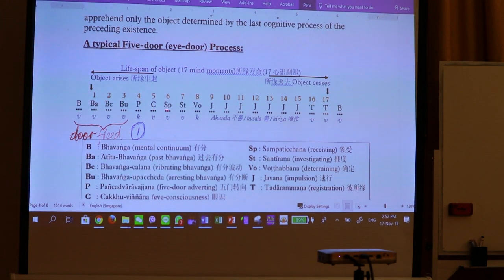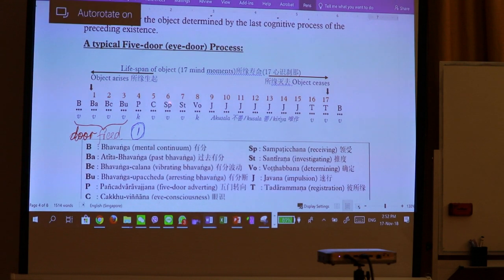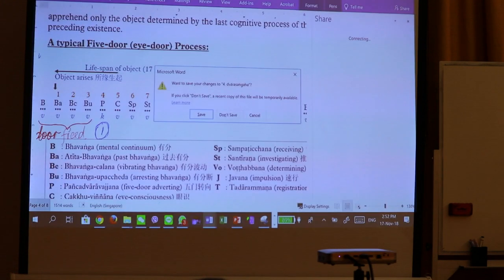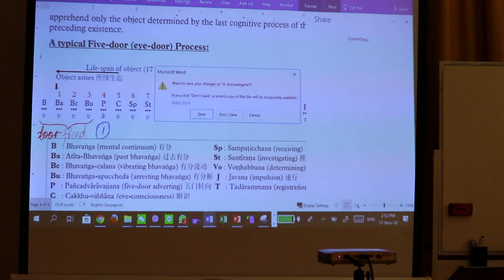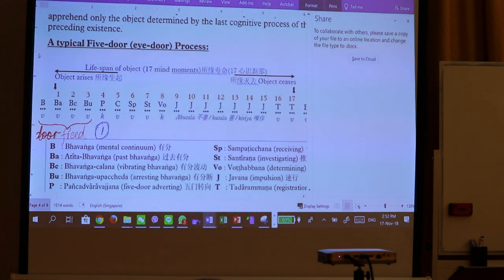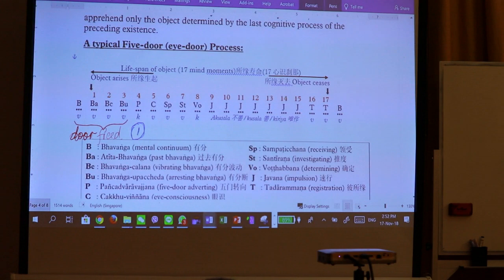Now how many eye consciousnesses can appear here? 2. One is wholesome resultant, one is unwholesome resultant. Please mark the 2.